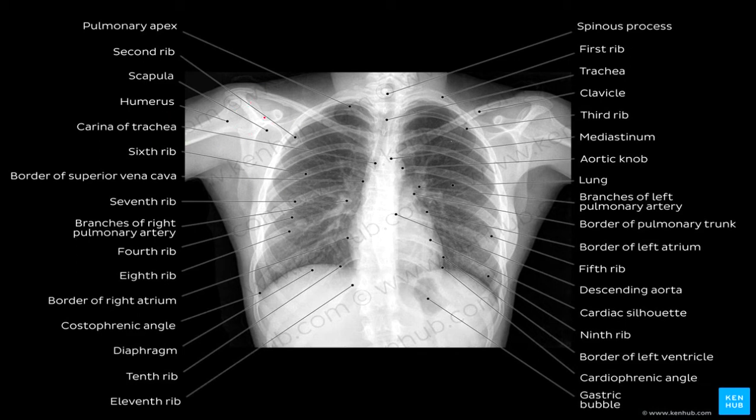We see the scapula, right and left. We can see the heart and the aortic bundle. We see the trachea, the carina of the trachea, or bifurcation of the trachea. This is the part where the trachea divides into the right and left bronchus.